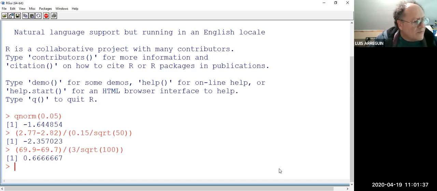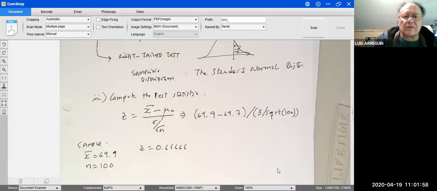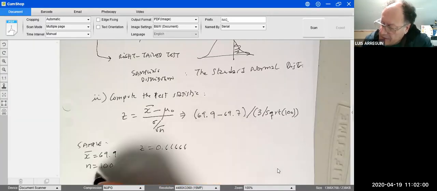We found that our value for the z-score is 0.6666, so it's just 2/3. With that information, we continue with our notes. We have our test statistic.